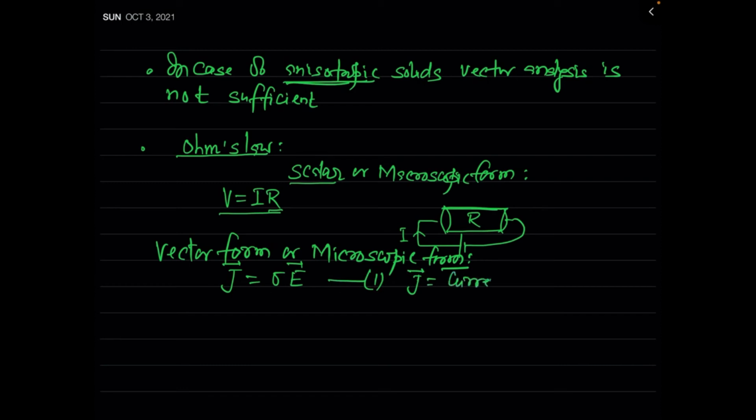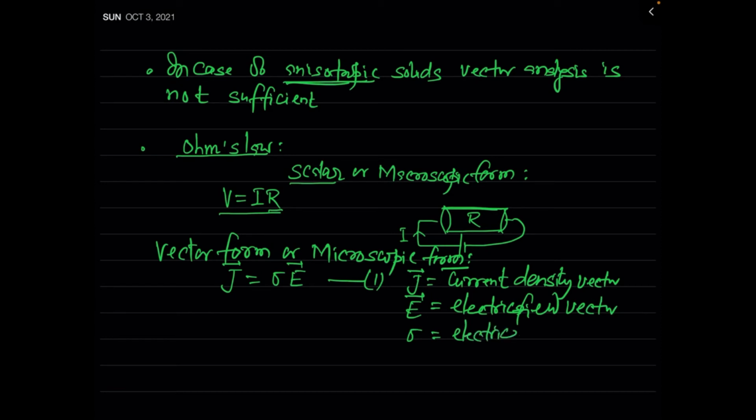This is just a vector quantity. And E is the electric field vector. And sigma, you know, this is the electrical conductivity of the material of our specimen or conductor.